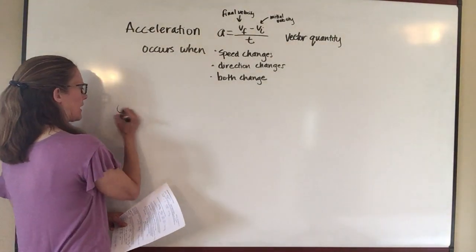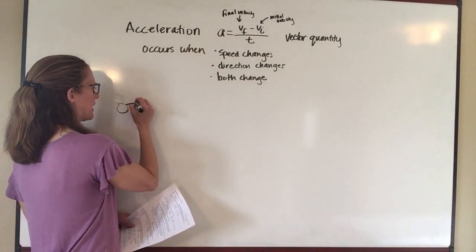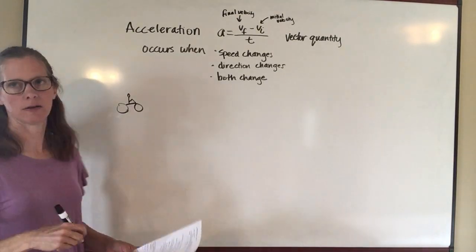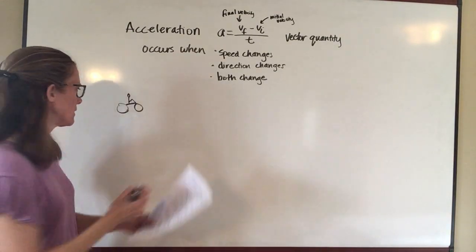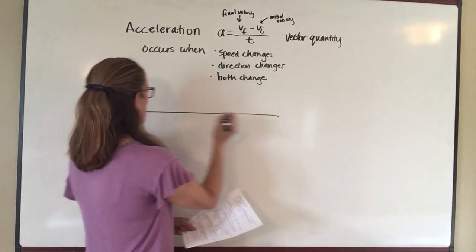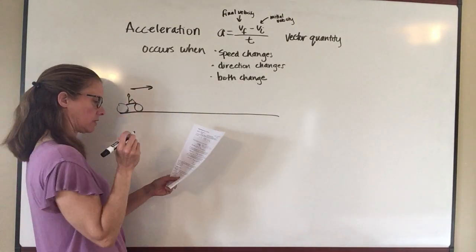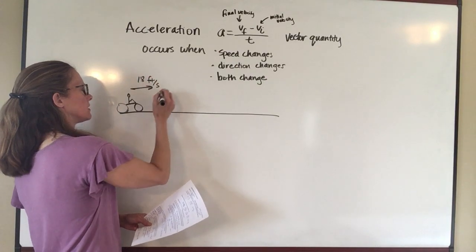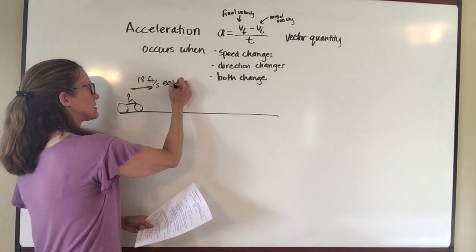So if I have a bicyclist, okay, yeah, I know, it doesn't look like a bicycle, sorry. So here's his road, and he is traveling at 18 feet per second to the east.